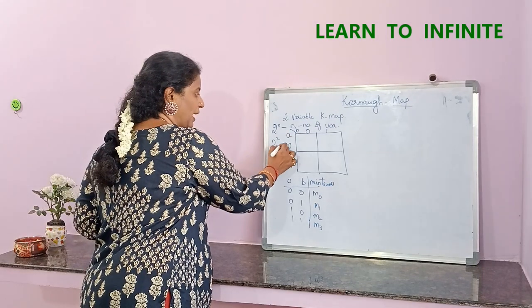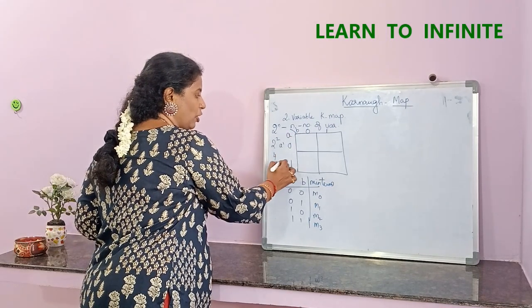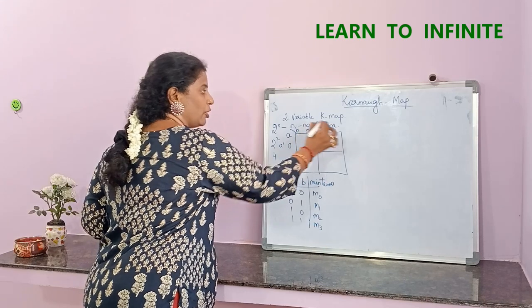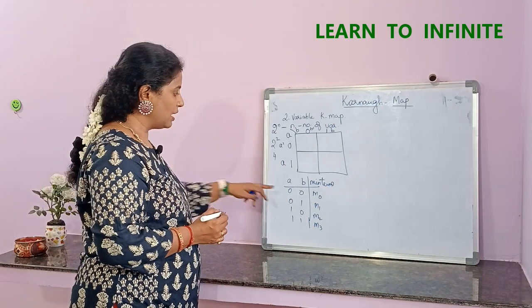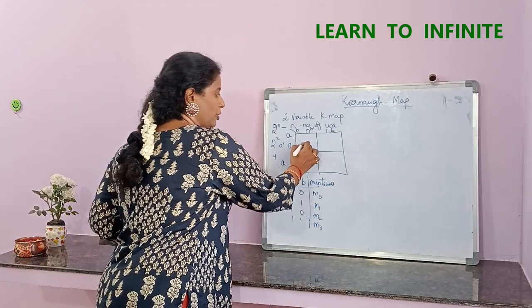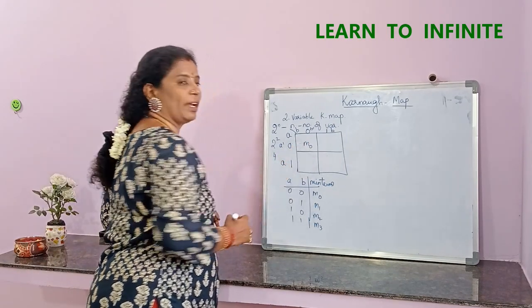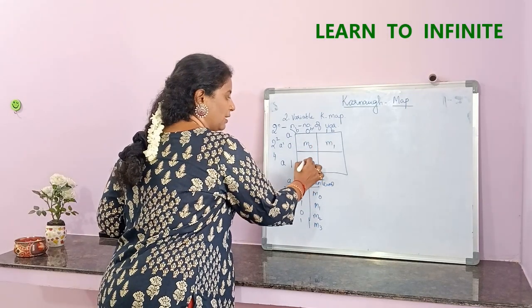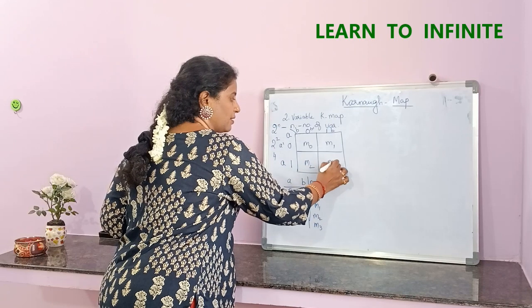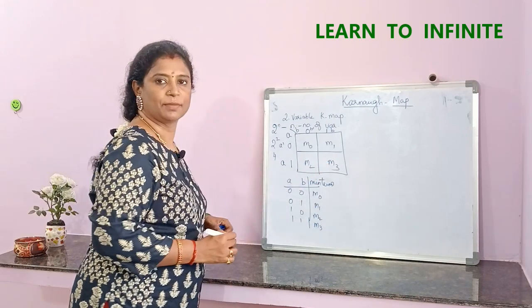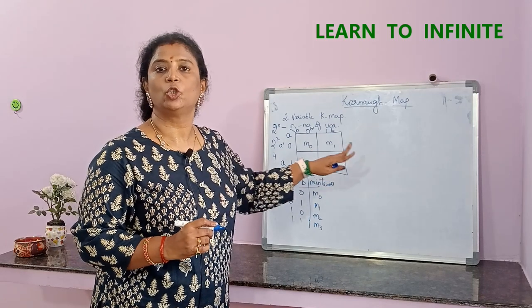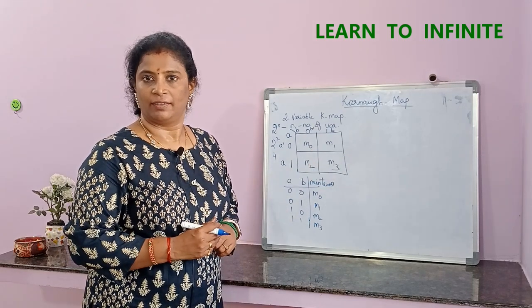So if it is A, it is A dash, and if it is 1, it is A. Similarly, this is B dash and this is B, right? So for 0 0, this is M0. The first square is M0. The second square is M1. This is M2 and this is M3. So these are the minterms. So this is the general K-map for a 2 variable function, right?